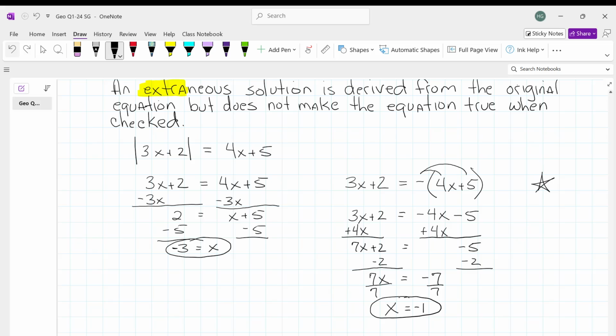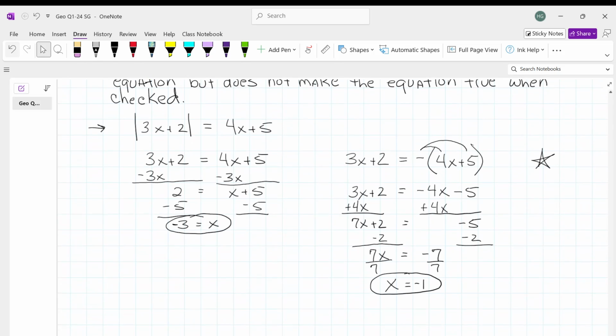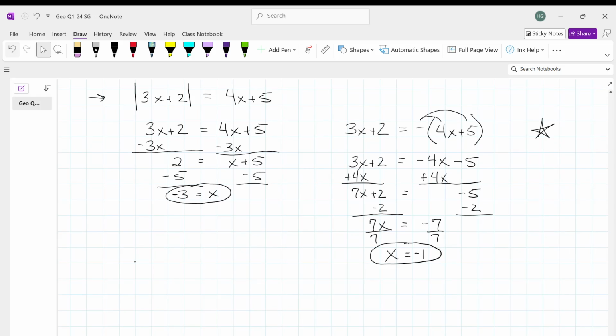Now, when the directions tell you to check for extraneous solutions, that means you have to substitute both of these back into the original equation to see what works. All right? So I'm going to substitute the -3 first.